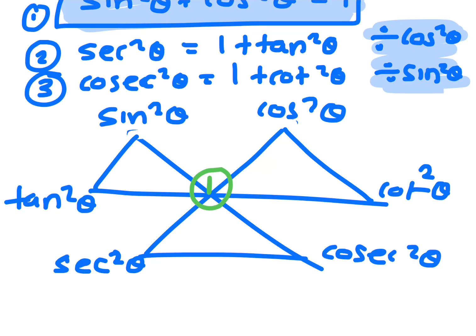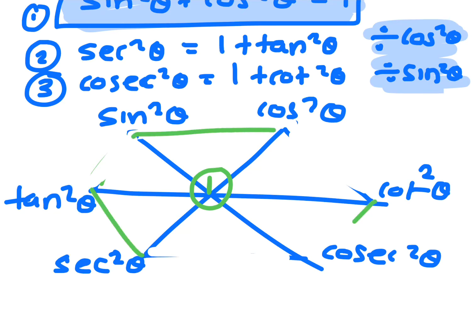So if you trace along the lines, I just realised that the part that you join up isn't this one here at all. You join this one up, and this one up, and they're all connected. So if I did sine squared plus cos squared, that will equal 1, or cos squared plus sine squared is 1.